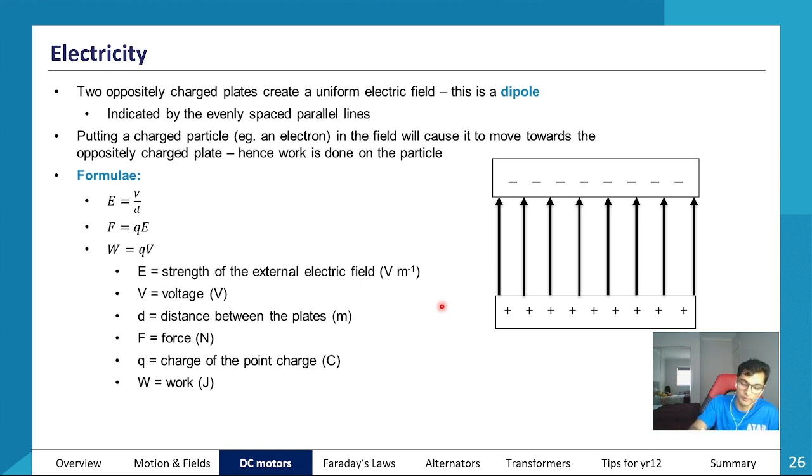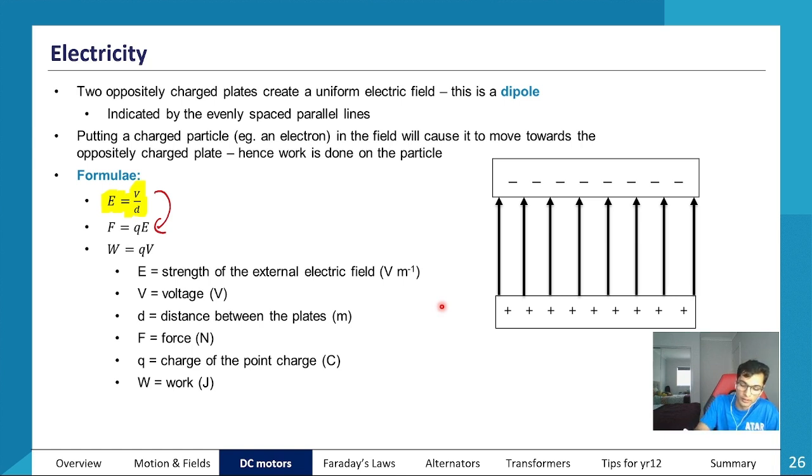And so what we can do is find the electric field strength in volts per meter, given by this formula. And we can substitute that formula to find the force, and substitute that into this, sorry, wrong equation. We can find the force. And from that equation, we can find the work done.